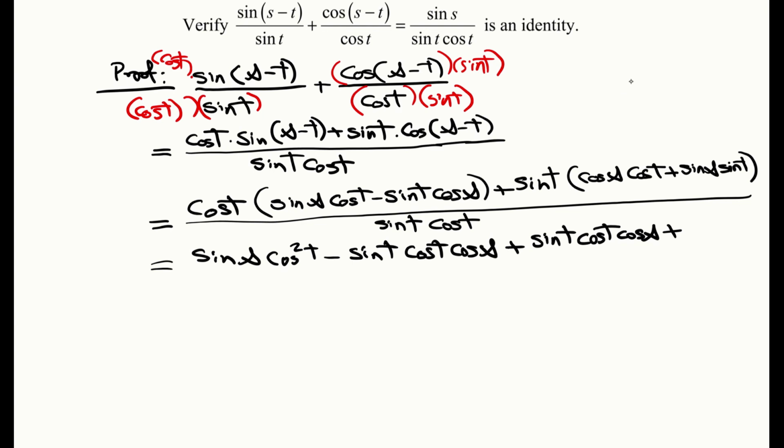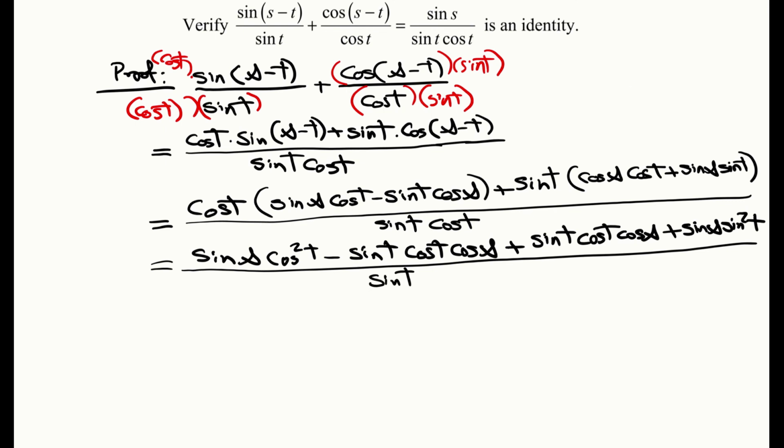So we get sine s times sine squared t, and then all of that over sine t cosine t.